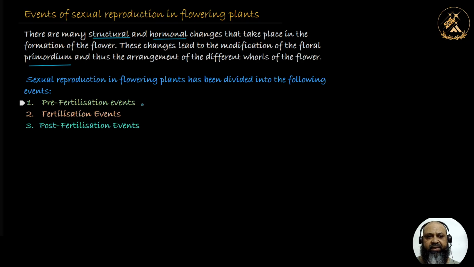The first one is the pre-fertilization event, meaning whatever is happening before fertilization, because fertilization you can mark as one of the most important events during sexual reproduction. This is the stage when the male gamete gets connected to the female gamete, and that produces a zygote.